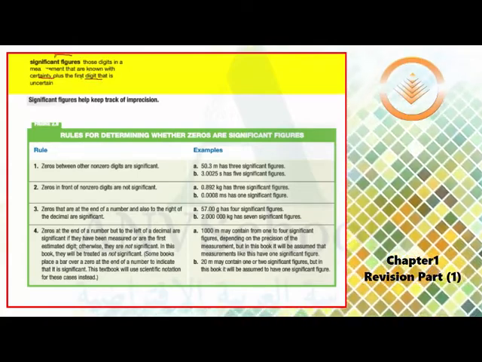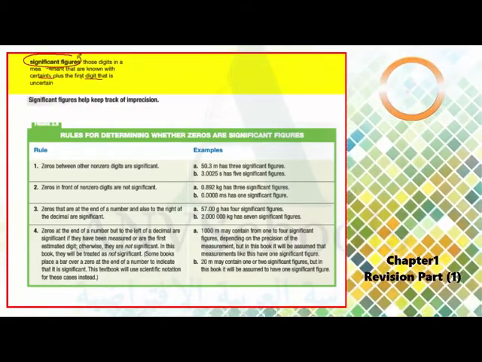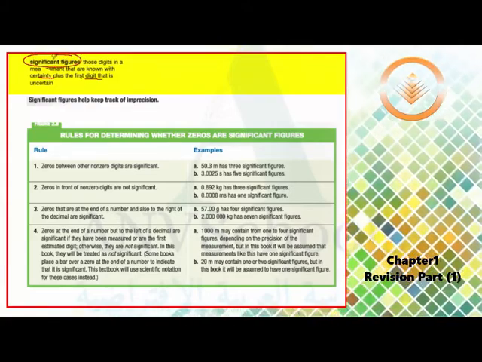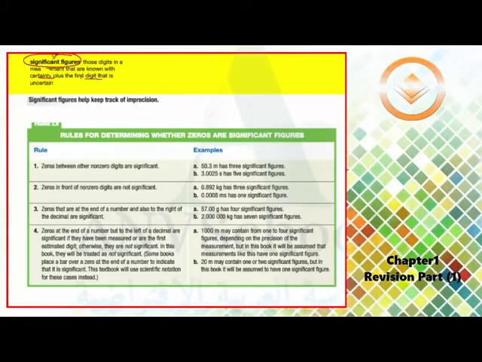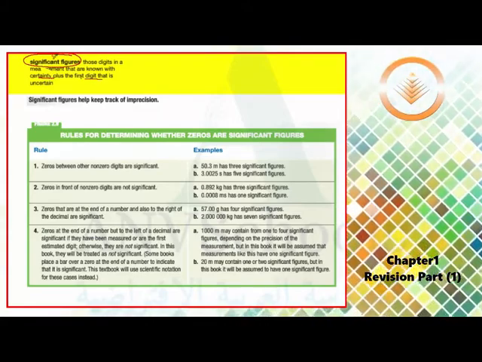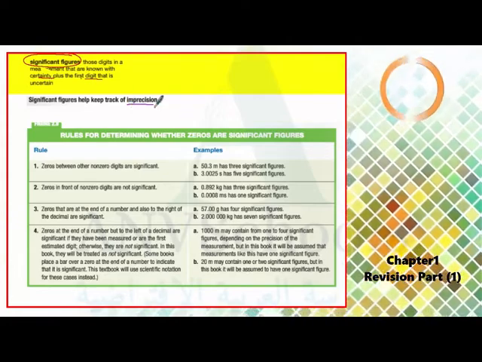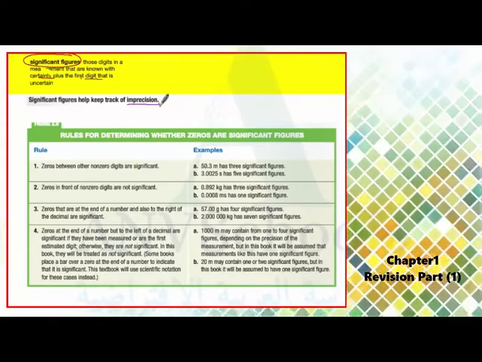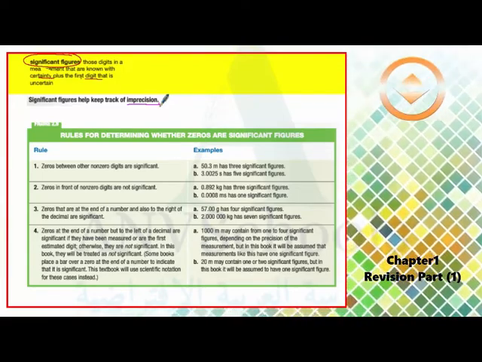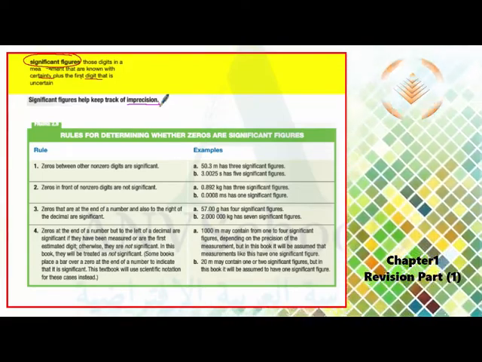Or significant figures are figures in a measurement which are meaningful. Or significant figures help us keep track of imprecision.